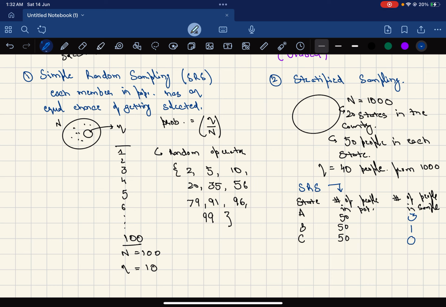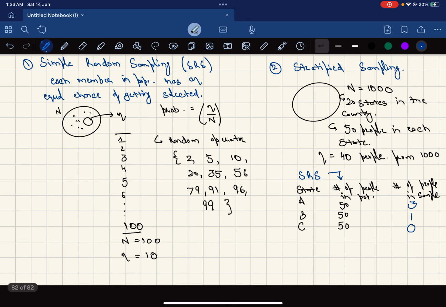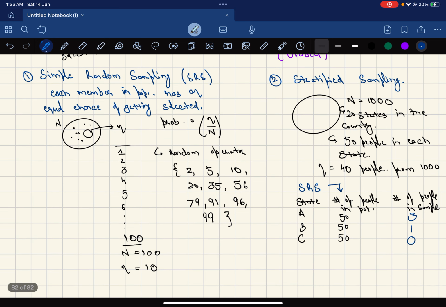because there's always a possibility of not getting a sample from a particular state, since we are doing simple random sampling on all the 1000 members combined. So now the problem with simple random sampling is, if we needed a sample which is representative of the whole population, the ideal way to do so would be to have an equal representation of each state in the sample as well, because there is an equal population of each state in the population.